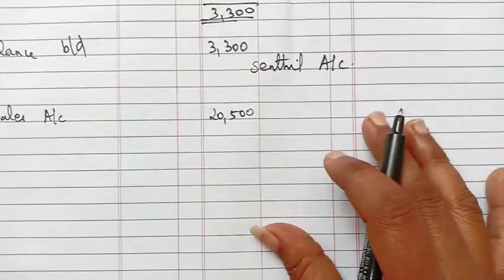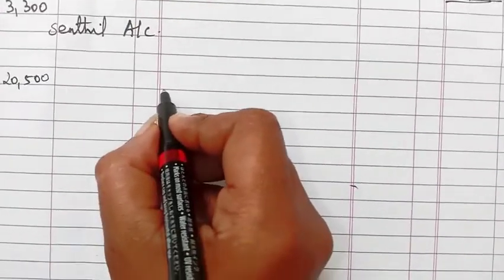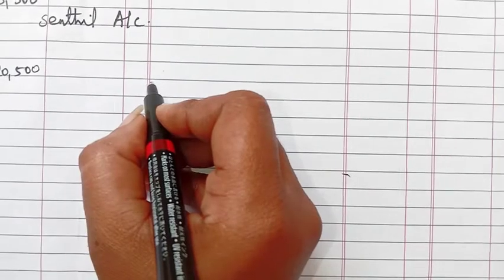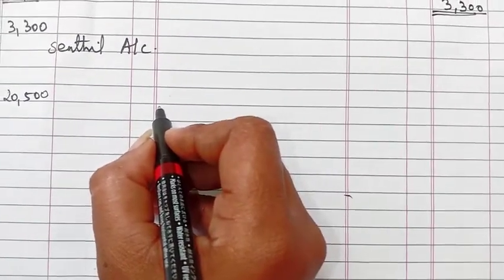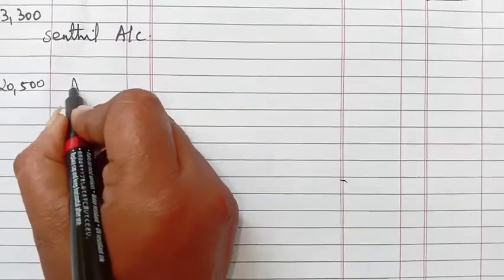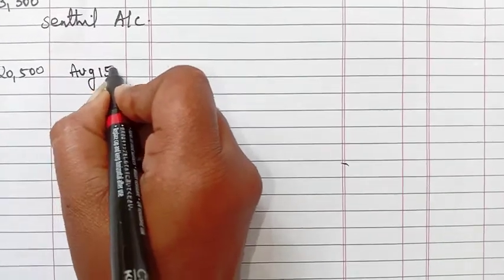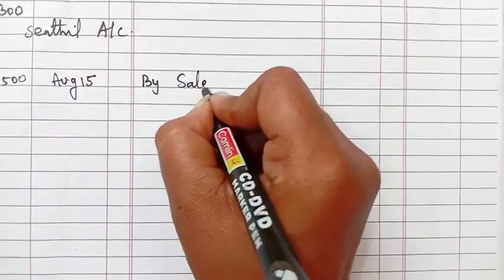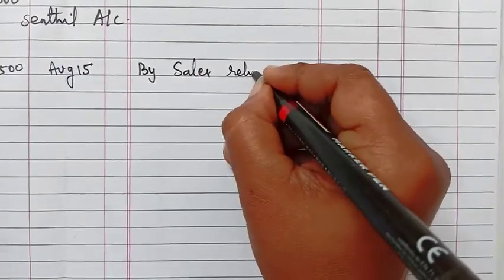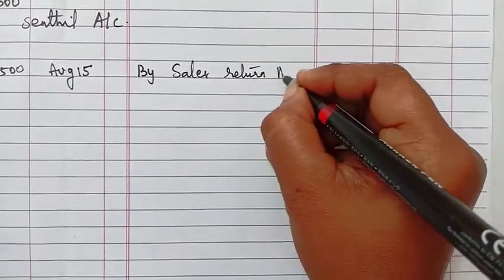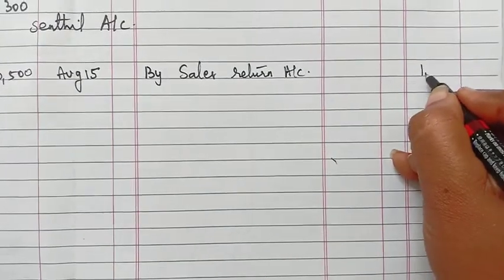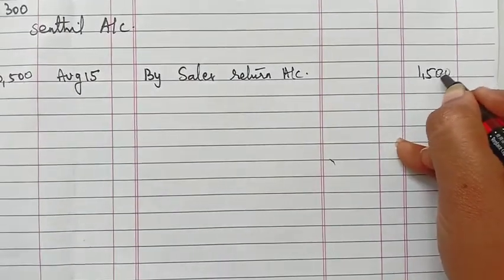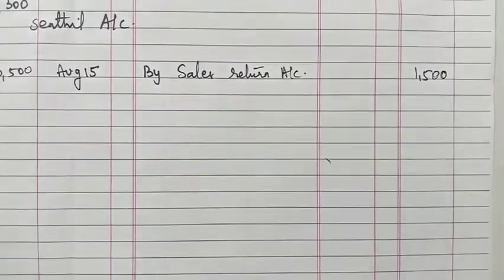For Senthil, sales return is there. Sales return is in the debit side, but Senthil will come in the credit side. So come to the credit side. Write August 15, by sales return account. Amount is 1,500.